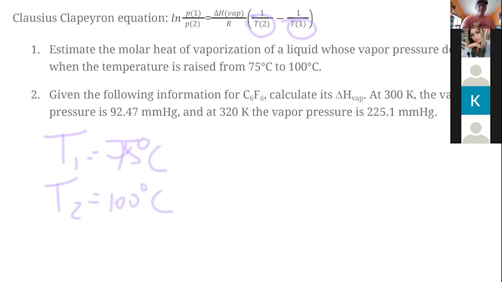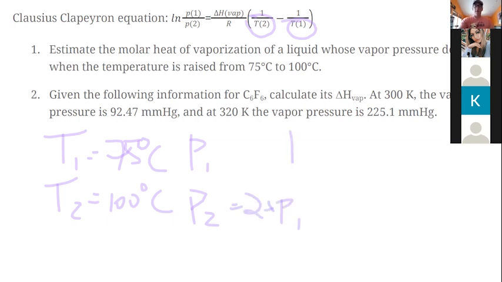P1 would be the pressure at temperature 1, and P2 would be the pressure at the higher temperature. All we know is that the vapor pressure doubles. So P2 equals 2 times P1.